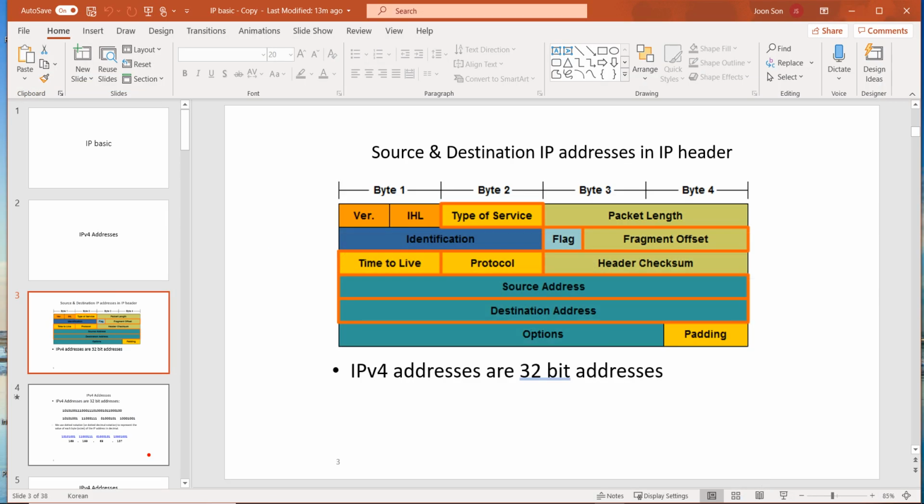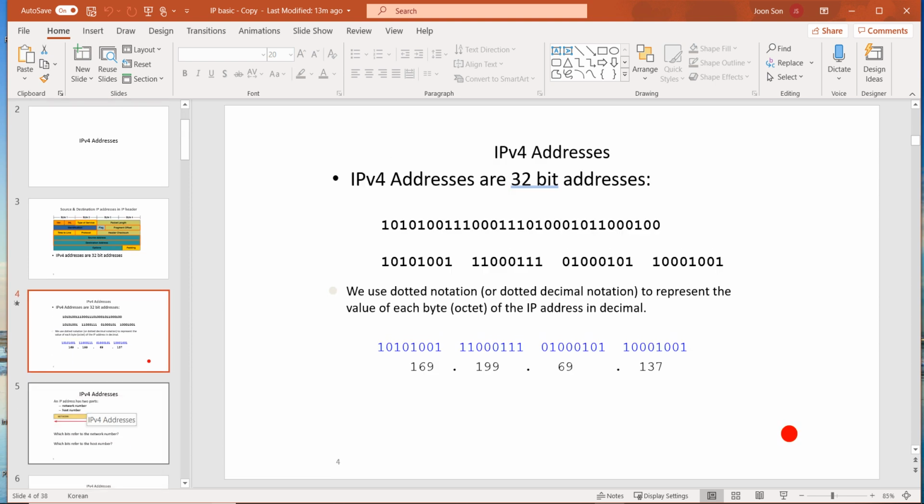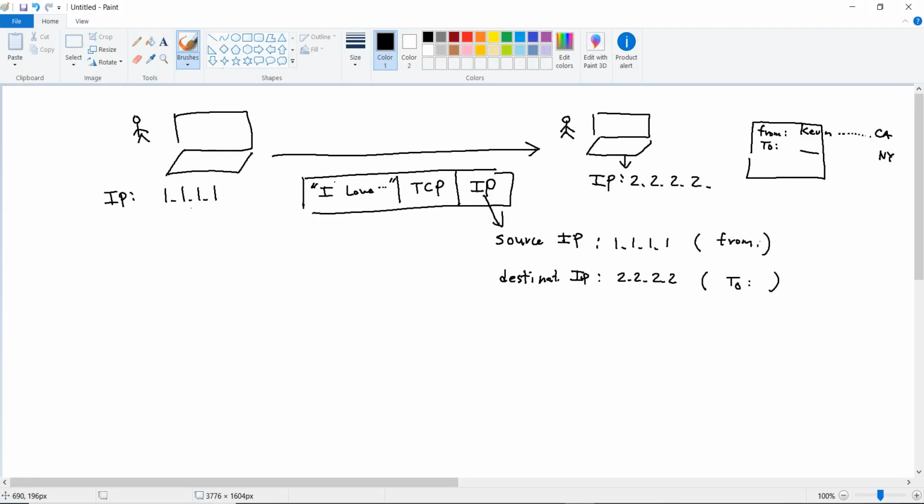Okay, so this is an example of an IP address. Another thing: let's look at each IP address. It is 32 bits long, and it has 4 chunks, and each of them is called an octet.